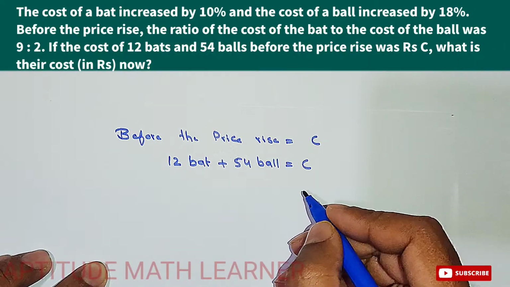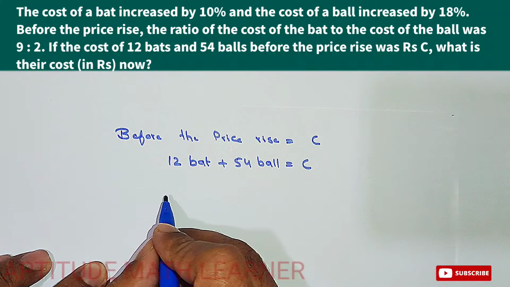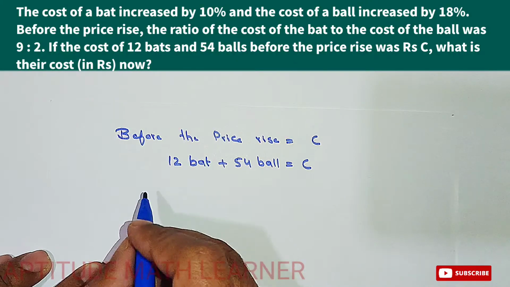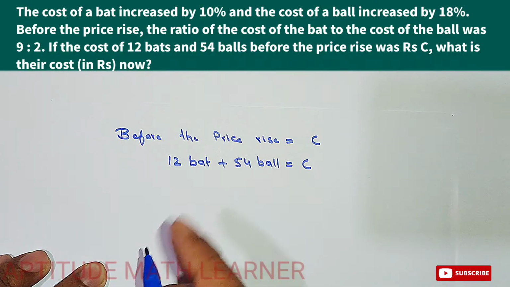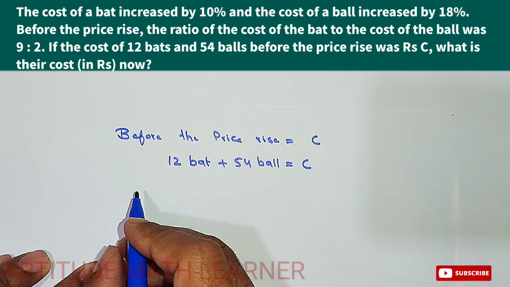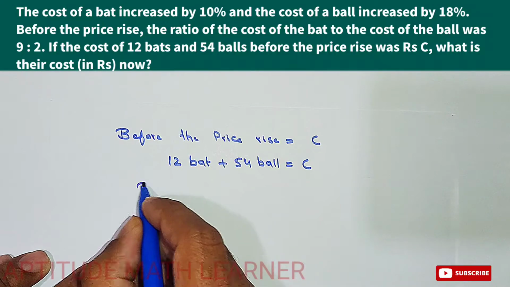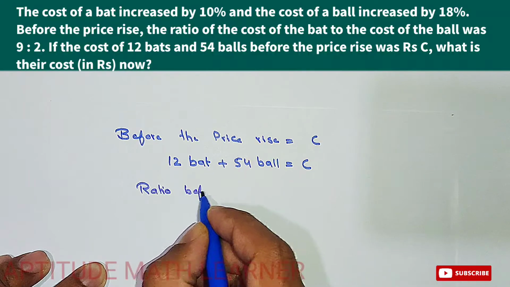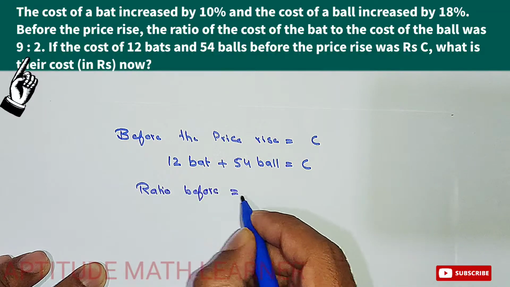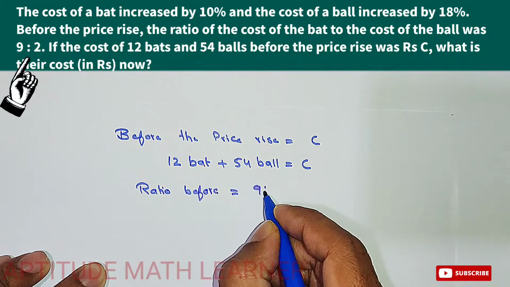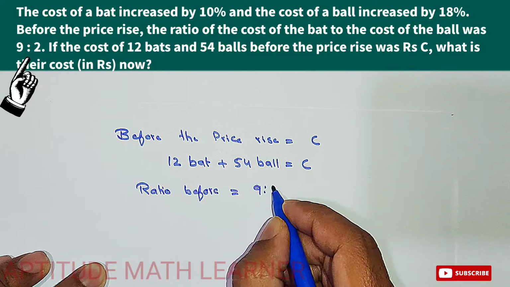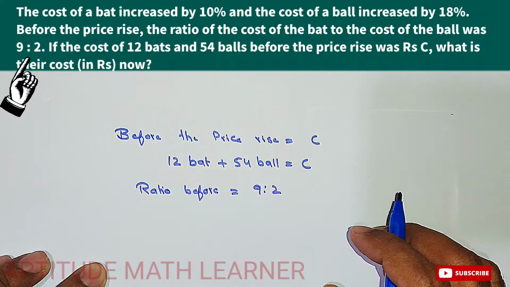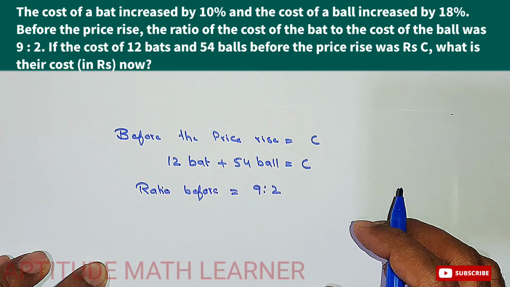So here we have the ratio of the cost for one bat and ball before the price rise, and it was 9:2. I hope till here you have understood the question.